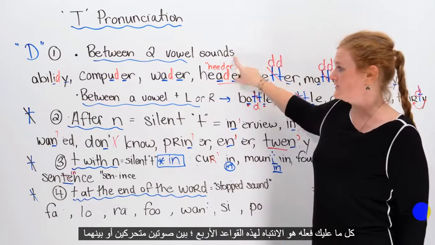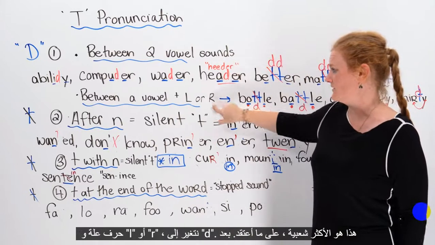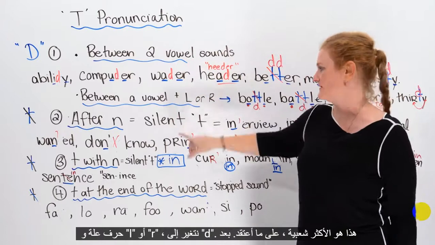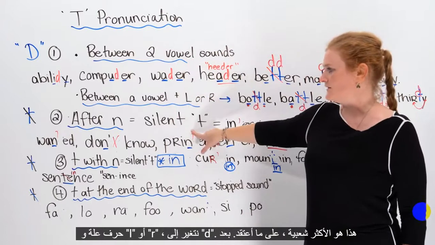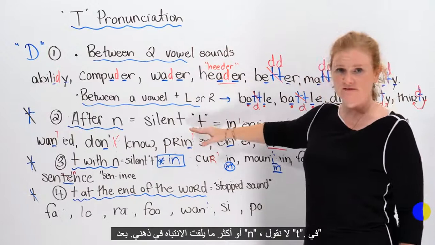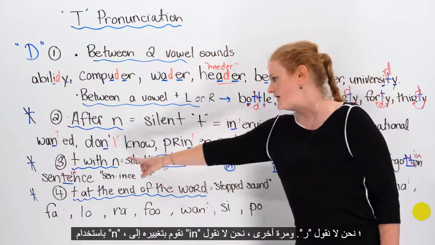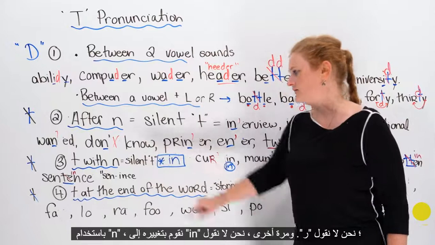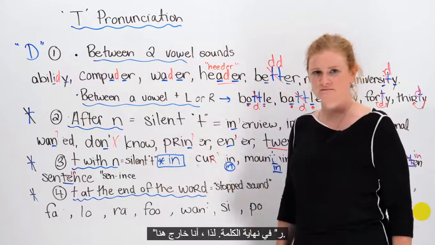Between 2 vowel sounds, or between a vowel and L or R, we change to a D. This is the most popular one, I think. After the most noticeable in my brain. After an N, we don't say the T. A T with an N, we change it to IN, we don't say the T. And again, we don't say the T at the end of the word.